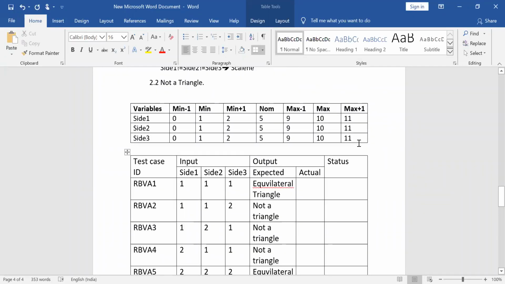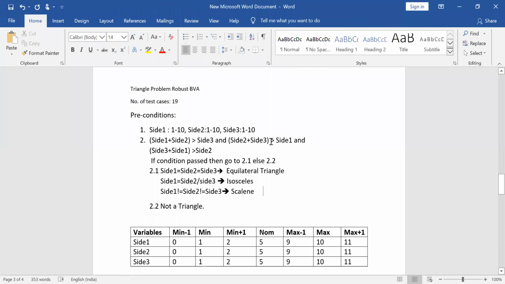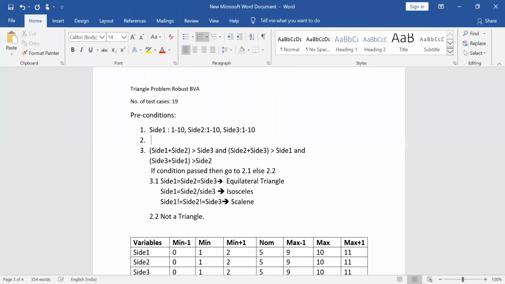Now one more condition I need to add. Side 1, side 2, side 3 will have either a value less than 1 or greater than the range, that is, not in the range.